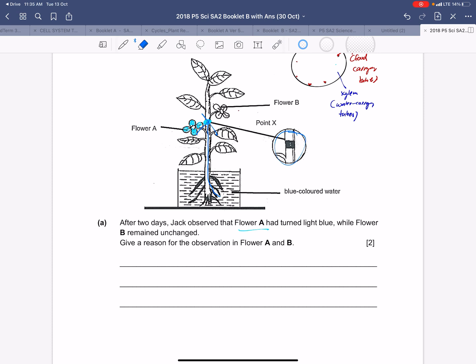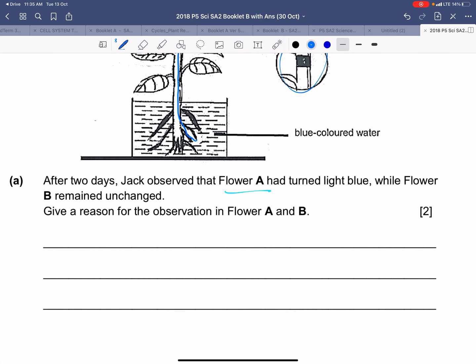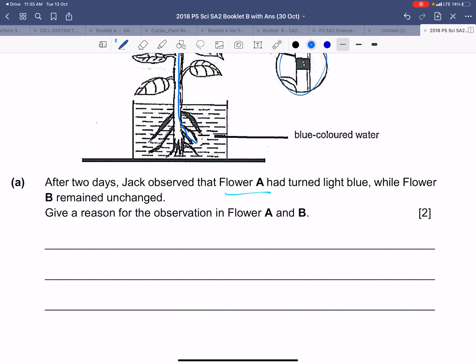Let's see how we can phrase the answer. Now, the first thing you need to tell me is that the water carrying tubes were removed. I know that some of you said both water carrying tubes and food carrying tubes were removed. Good for you.